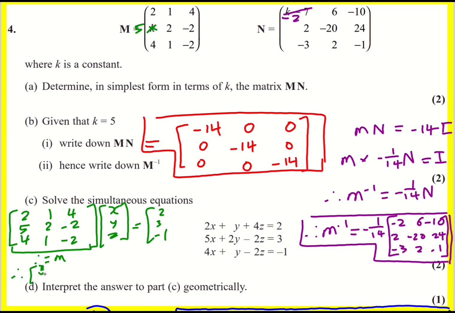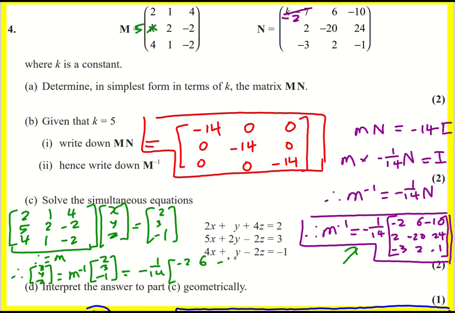And therefore, x, y, z is going to be the inverse matrix multiplied by 2, 3, minus 1, which is minus 1 over 14. I'm just using my result from up here now, times this matrix.